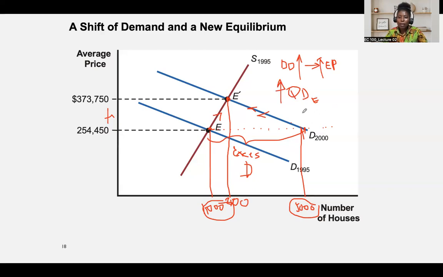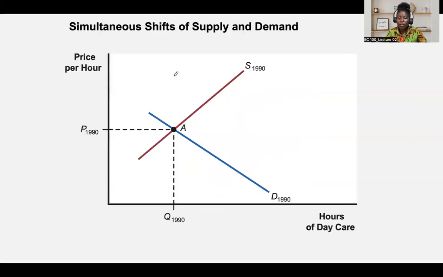But remember, here it's only a shift of demand. Supply hasn't shifted, it's only the demand. I hope this is very clear.